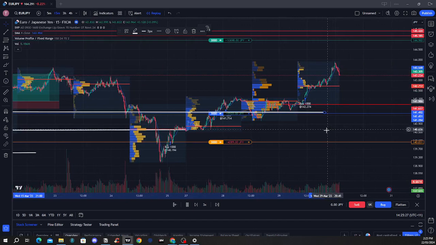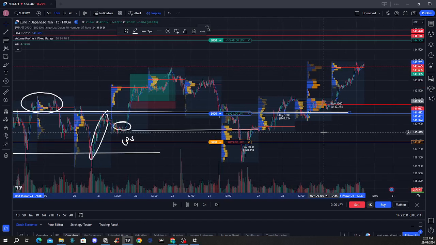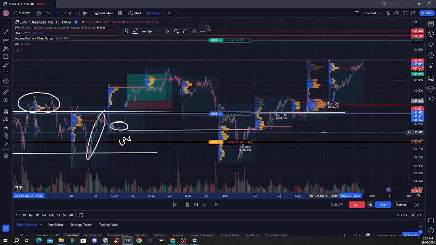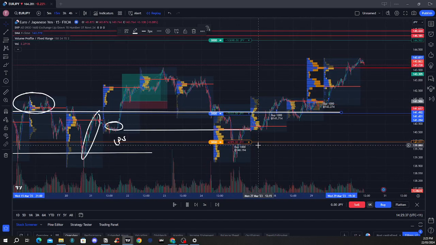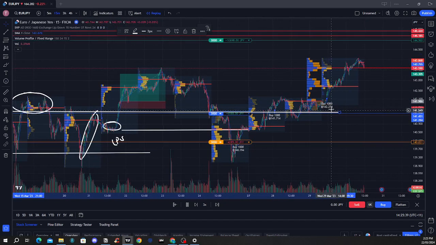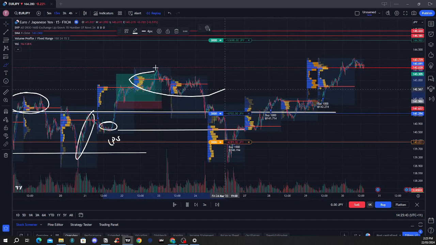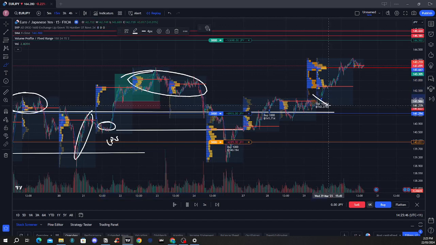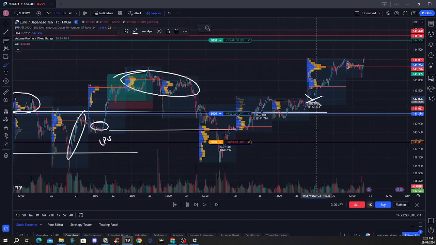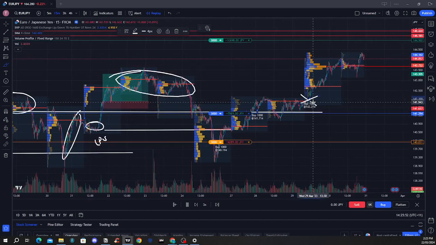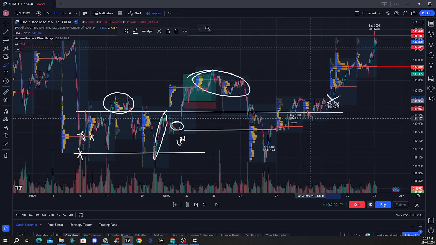So strategically speaking, I would have to say, all right, here we've got a major sign of strength in phase B, but here is a major sign of strength in phase C, and this major sign of strength in phase C is exactly what an A grade setup looks like.